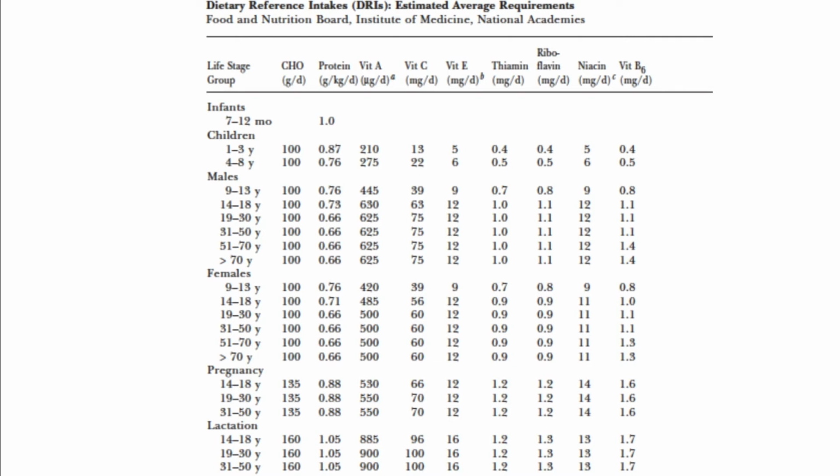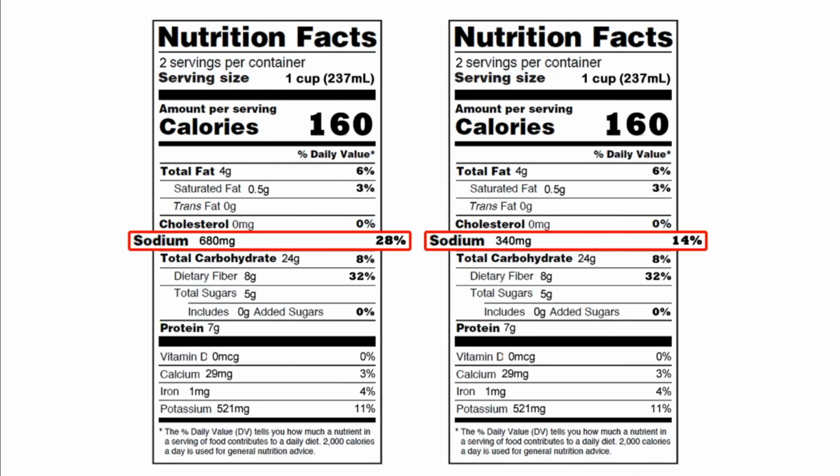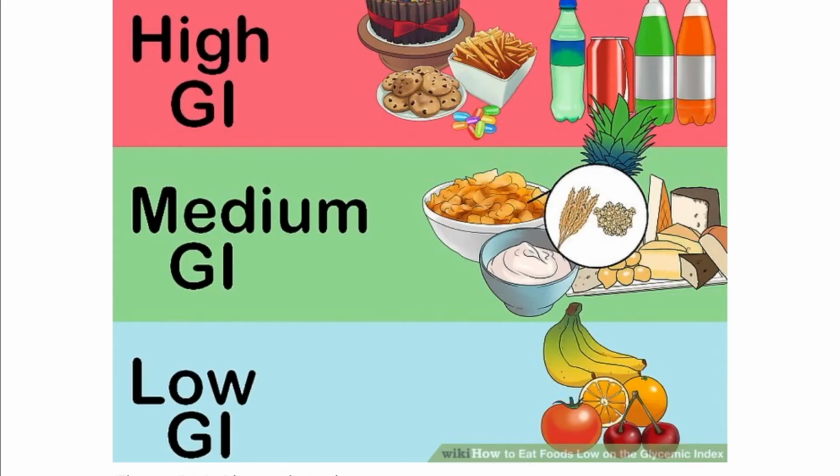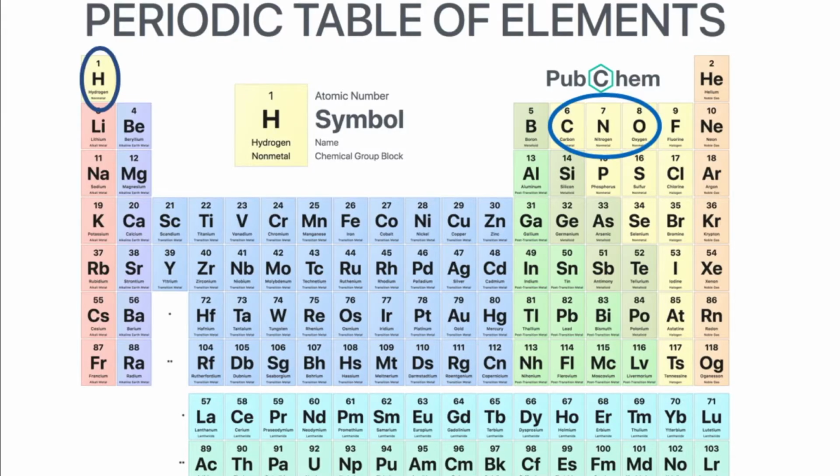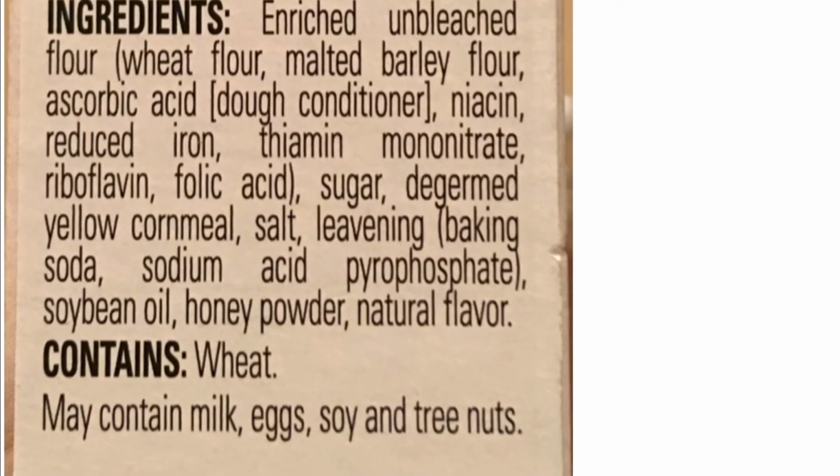Sodium is for fluid balance, nerve transmission, and muscle contraction. Chloride for fluid balance and stomach acid production. Potassium, fluid balance, nerve transmission, and muscle contraction.